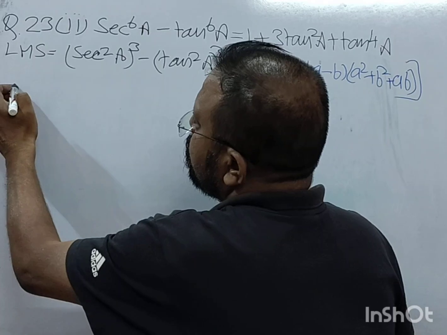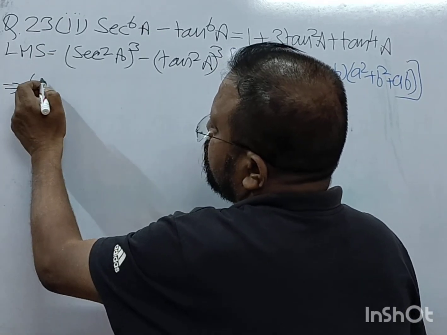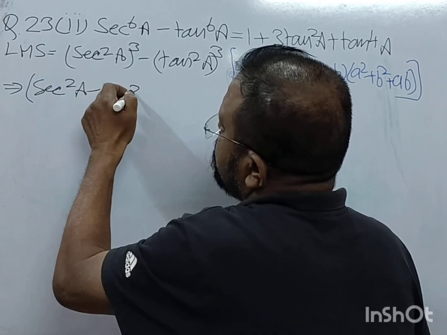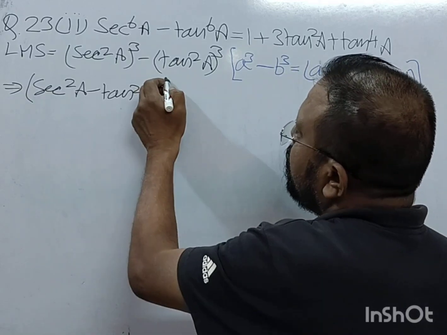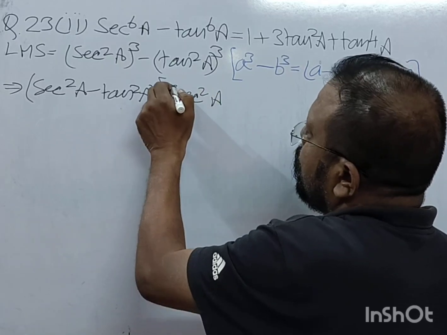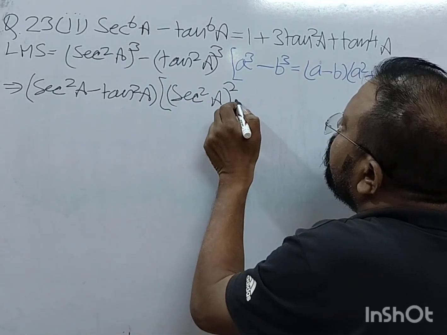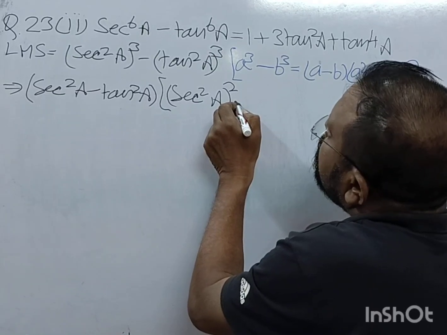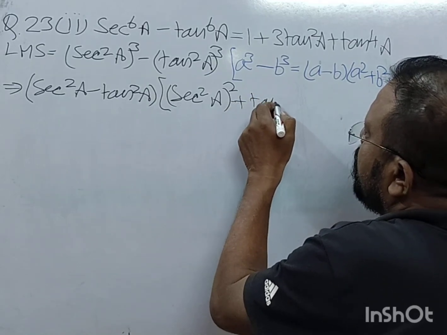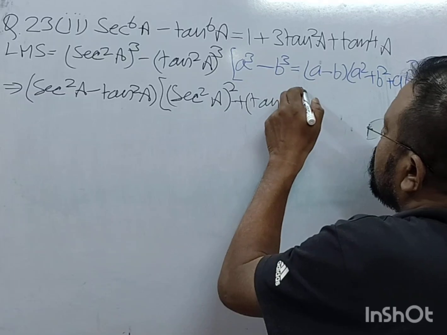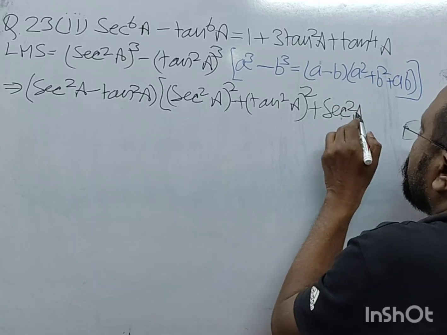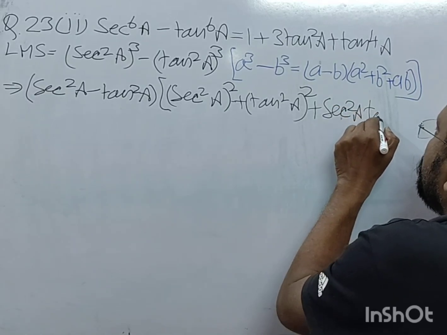When you put it here, you get sec square a minus tan square a, bracket, sec square a whole square plus tan square a whole square plus sec square a tan square a.